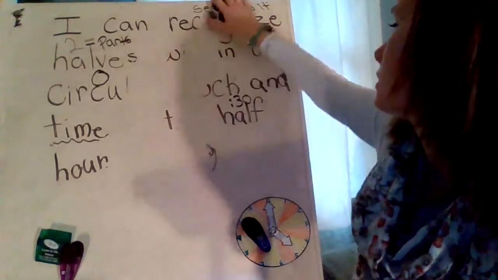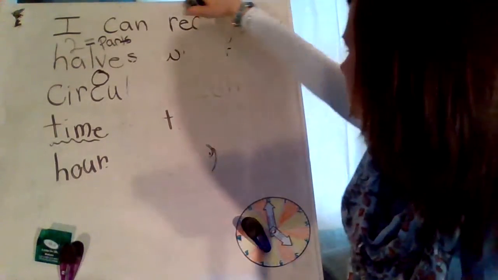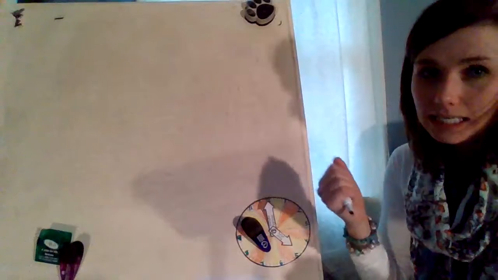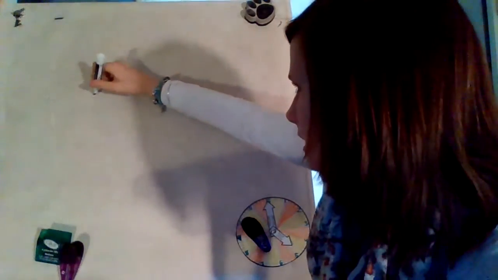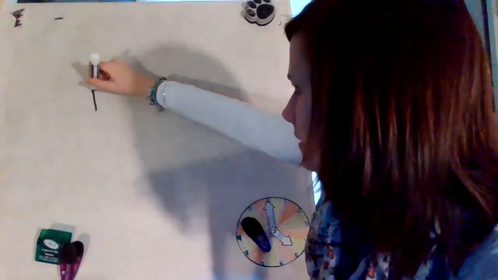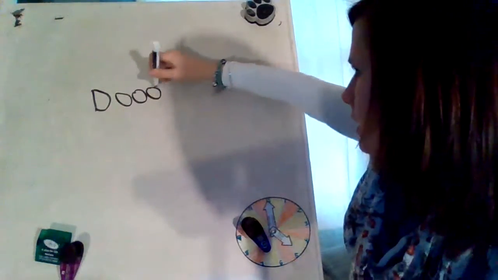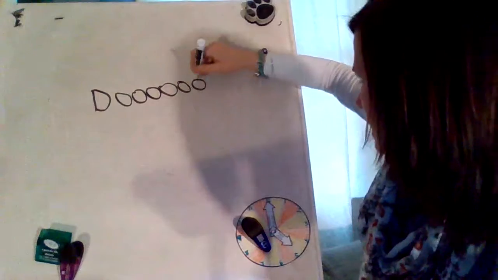Okay, I'm going to erase my board so I can do it with you. Okay, so we know Tamara has 7 digital clocks. So here's my 7 that are going to be digital. I'm going to label it D for digital, and I'm going to have my 7. 1, 2, 3, 4, 5, 6, 7.